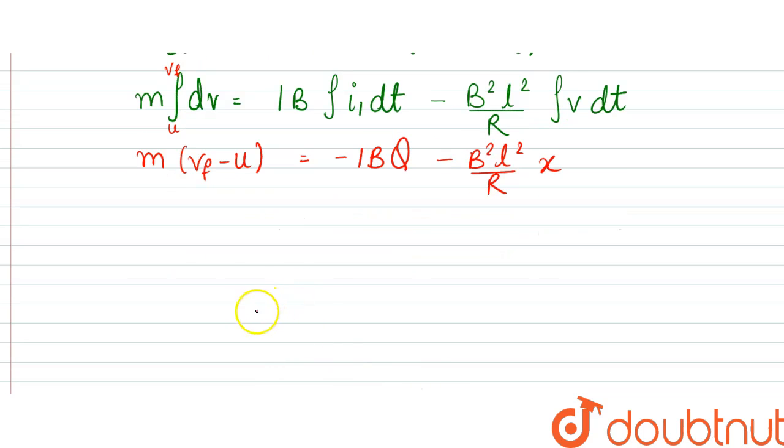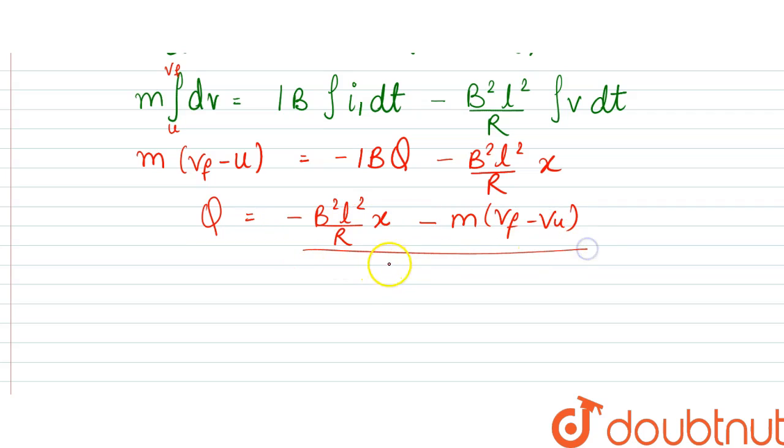So from here Q can be written as minus B square L square by R into x, minus m into vf minus u, divided by LB.